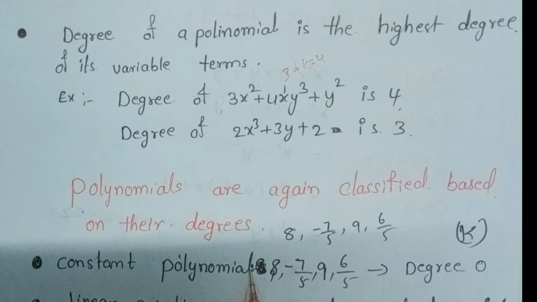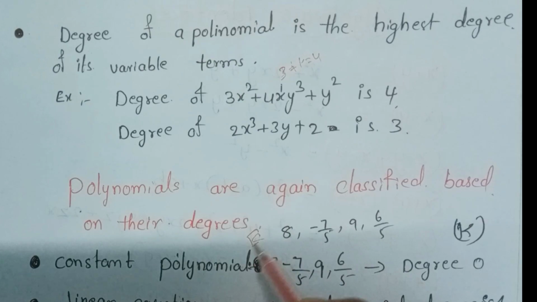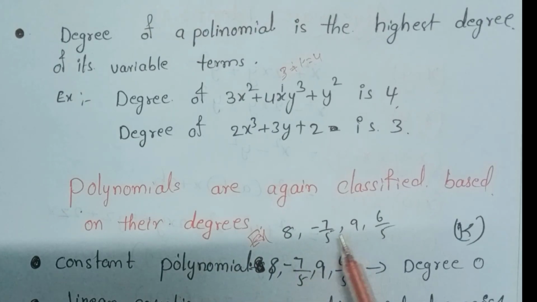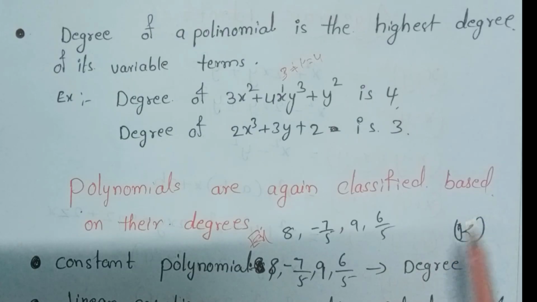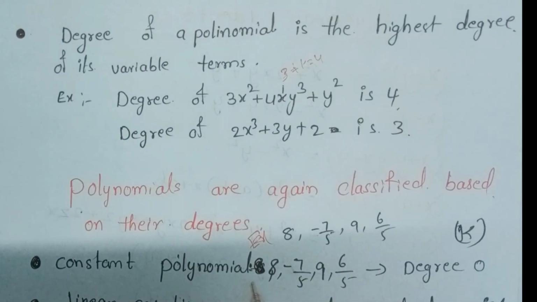What is a constant polynomial? This is only numbers, digits. For example, 8, 7 by 5, 9, 6 by 5, and so on. These are constant numbers. There is no variable, only constant numbers. So this is a constant polynomial.